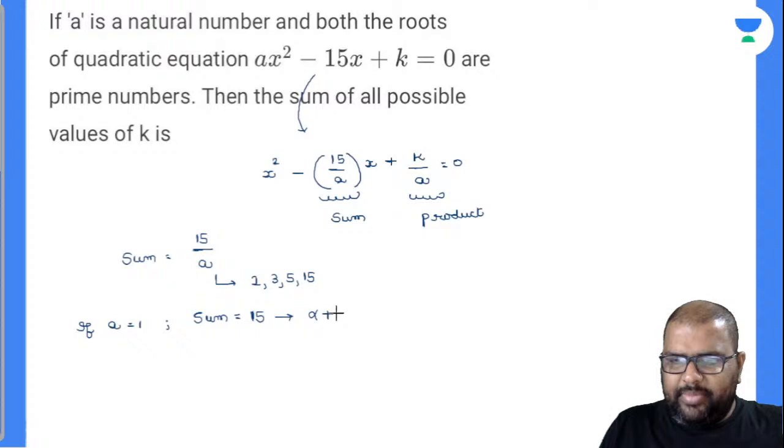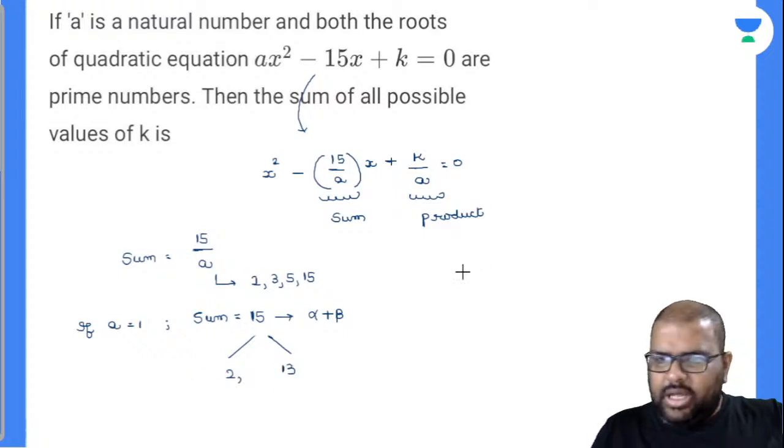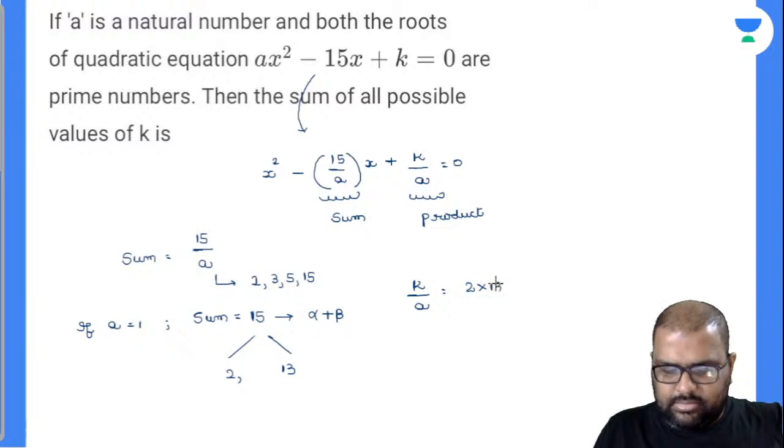So this alpha and beta have to be prime numbers. So I can break my 15 into only two parts, which is nothing but 2 comma 13. Apart from that, I cannot do anything there. Now see here, my product of roots k by a is nothing but equal to 2 into 13, which is nothing but 26. My k is equal to 26 when a is equal to 1.